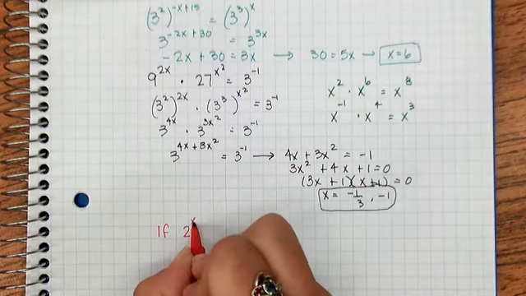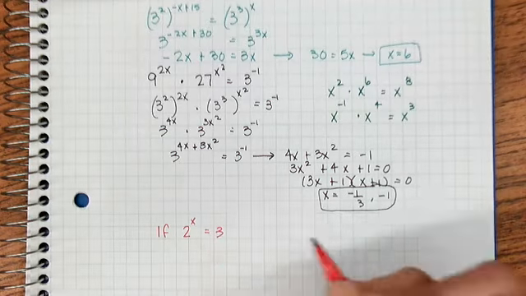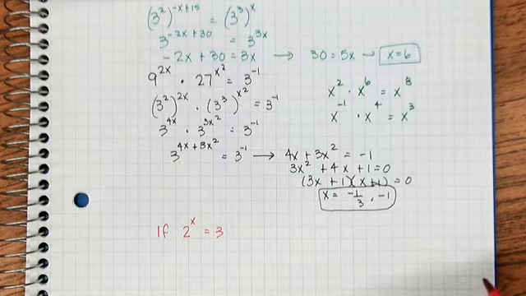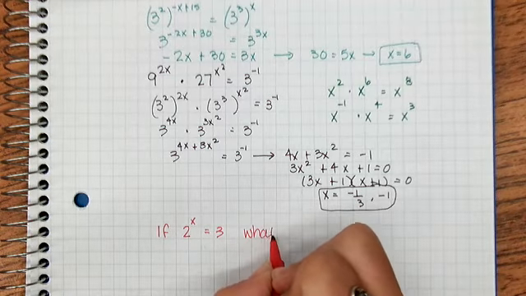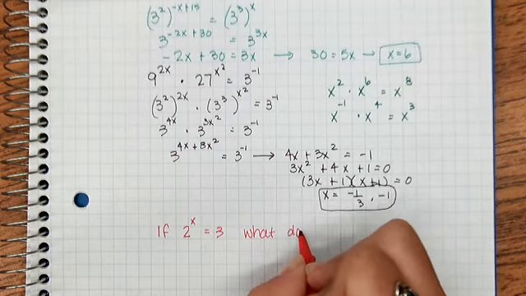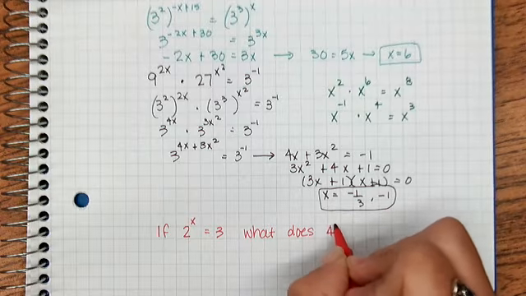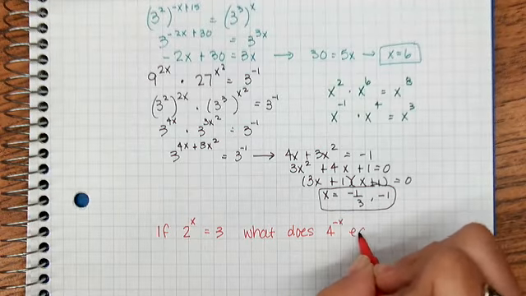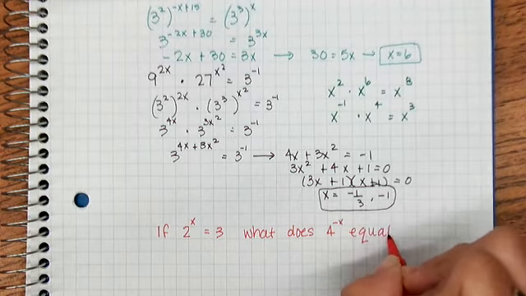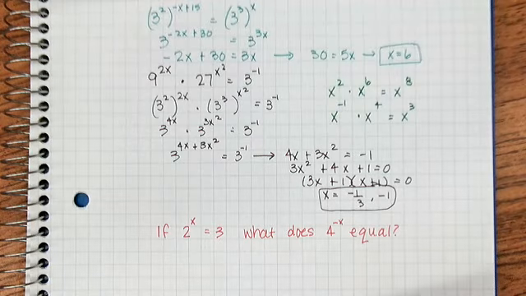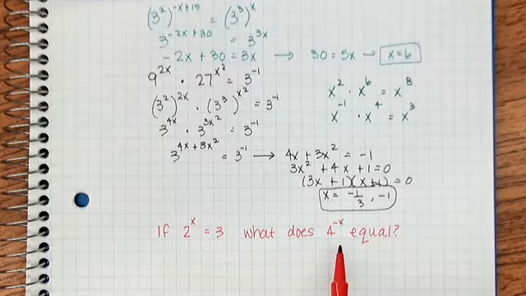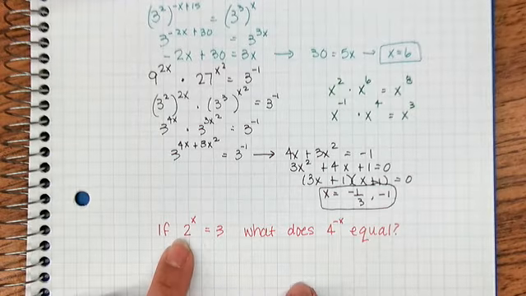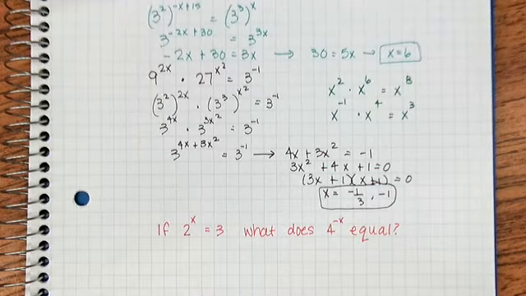If 2 to the x equals 3, what does 4 to the negative x equal? Okay, so first of all, I see 2, I see 4. I'm going to think equal bases.